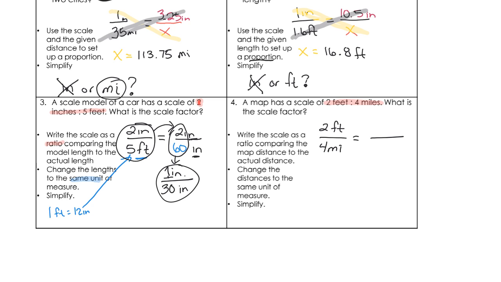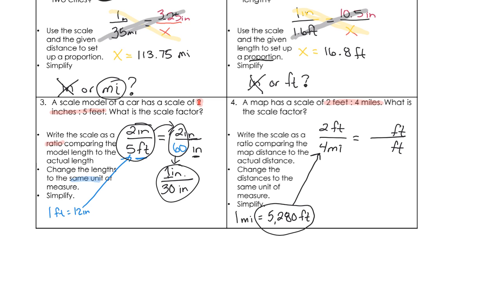We want to convert everything to feet. What I will tell you is that 1 mile is equal to 5,280 feet. In case you didn't remember that. It's also in the back of your planner. Okay, that conversion. So what I would do is I would take this and multiply it by 4.